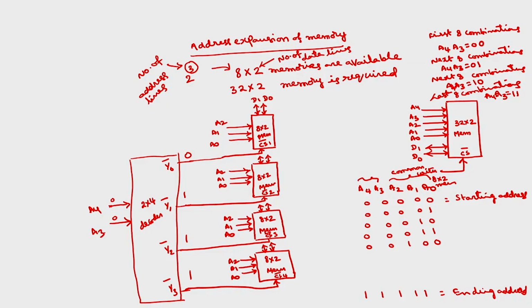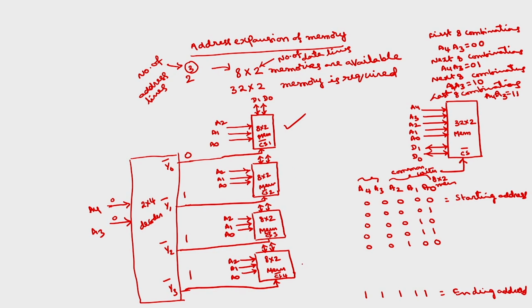So, if A4 A3 is 00, Y0 bar is selected. Thereby for the first 8 combinations of the total 32 combinations, A4 A3 is 00, so the first memory will be selected for the first 8 combinations. The remaining 3 will be disabled.